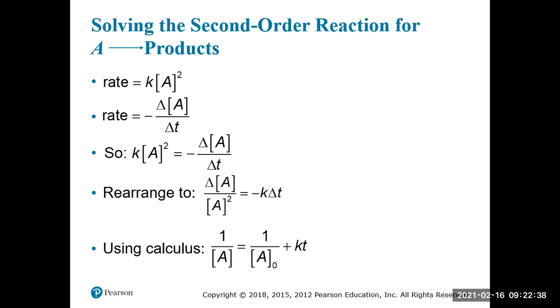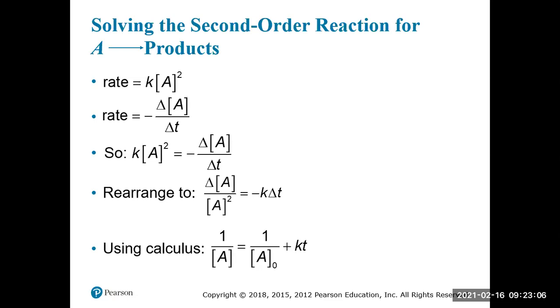So we have a rate equation of rate constant times the reactant concentration squared. And then we also can say rate is equal to minus the change of A divided by the change of time. We do that rearrangement and set these equal to each other like we did last time.